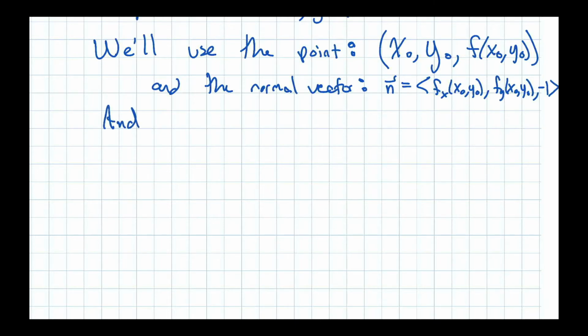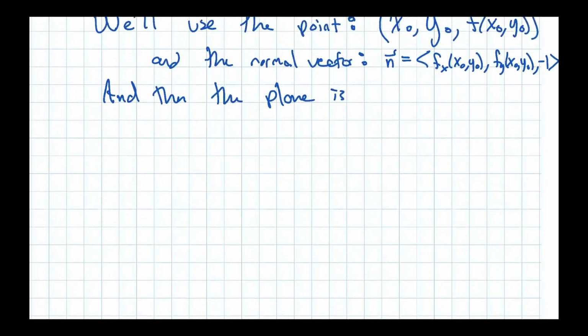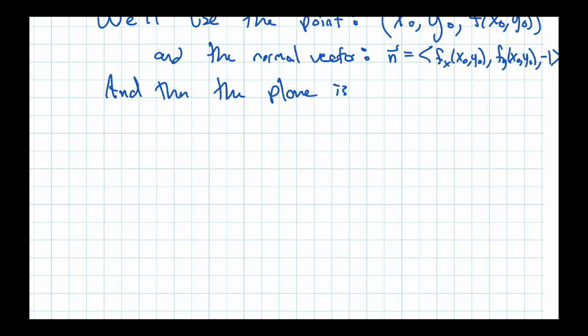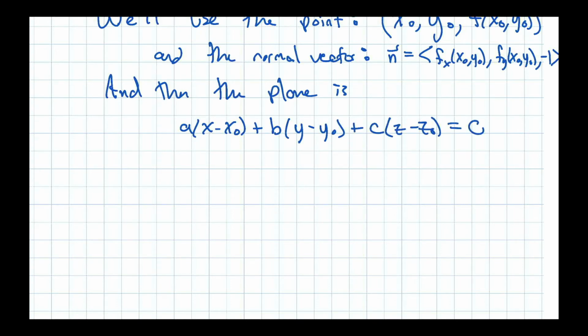So the plane is, well, we know the equation of a plane. If you remember, it was a(x minus x0) plus b(y minus y0) plus c(z minus z0) equals 0. And the a, b, c was your normal vector, and the x0, y0, z0 was your point.